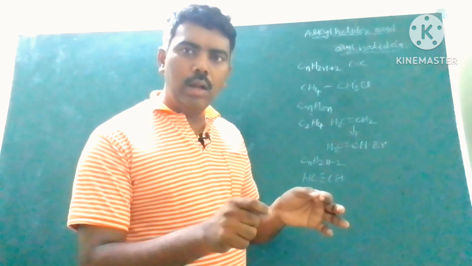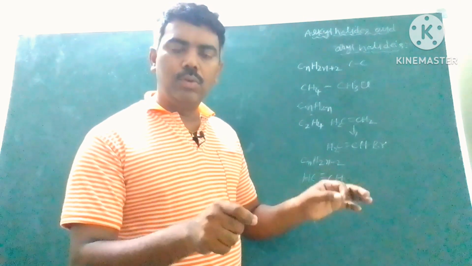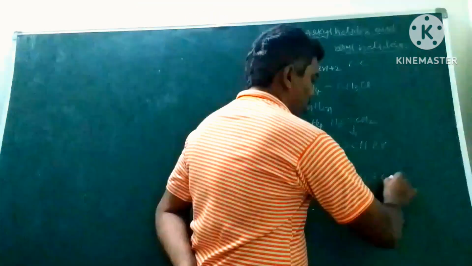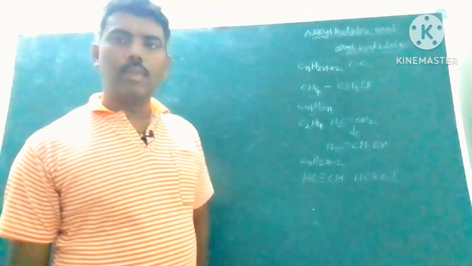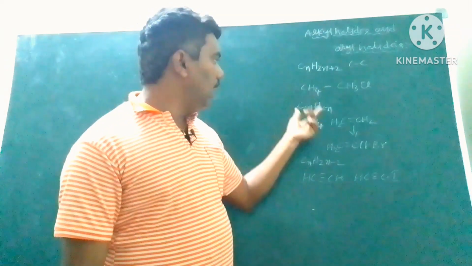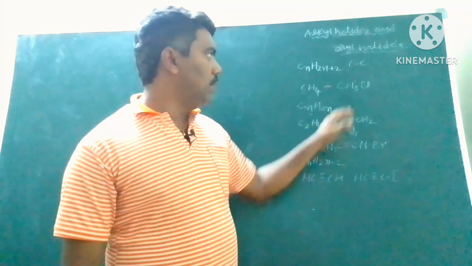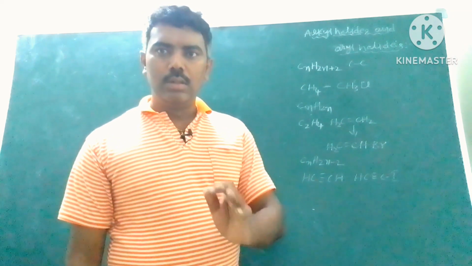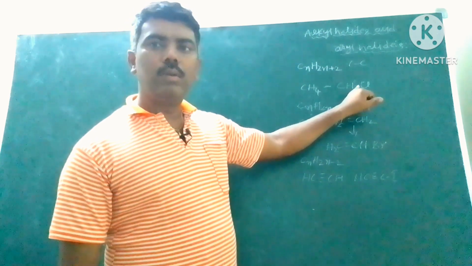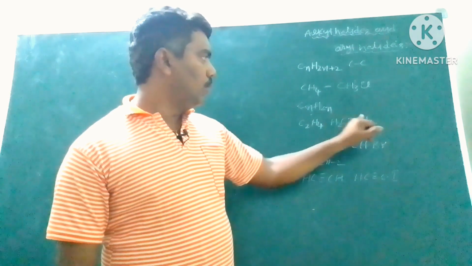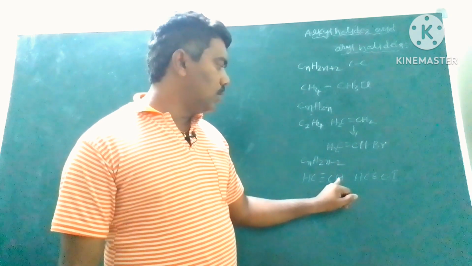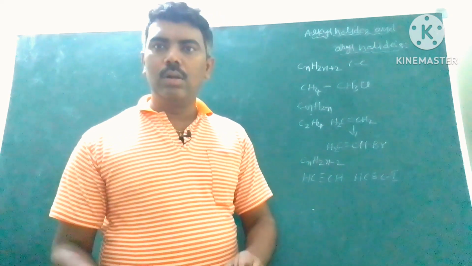For example, HC≡CI, iodoethyne. So from the aliphatic hydrocarbon, the hydrogen is replaced with any one of the halogens. From the alkane we get haloalkane. From the alkene, replacing the hydrogen gives haloalkene. From the alkyne, replacing the hydrogen with halogen gives haloalkyne.